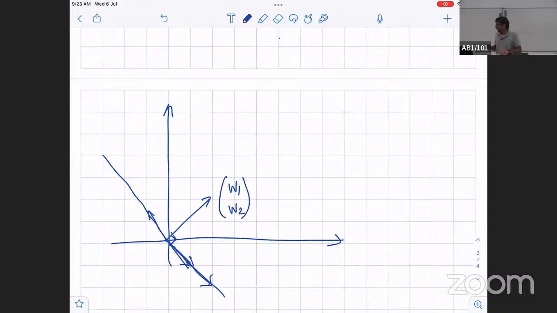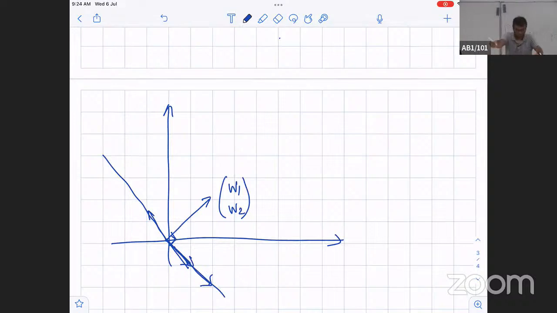Also, if this is a plane and I can define an orthogonal vector to the plane, I can define the plane. Do you see? So it has the added benefit of being generalizable to higher dimensions.